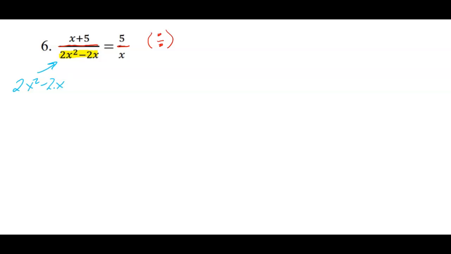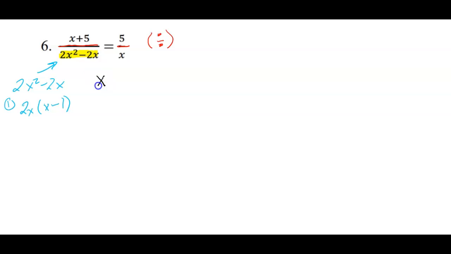One of the things I want to do first is factor it if it needs factoring. So I do have a GCF of 2x. If I pull that out, that leaves me with x minus 1. All right, so let's rewrite our problem with that new information.